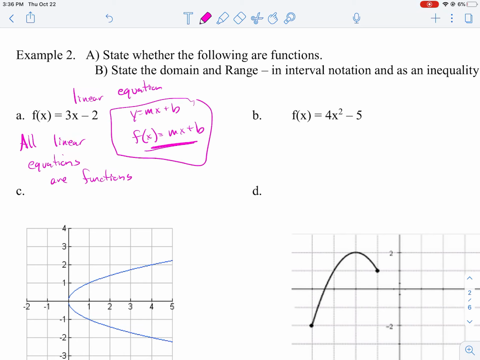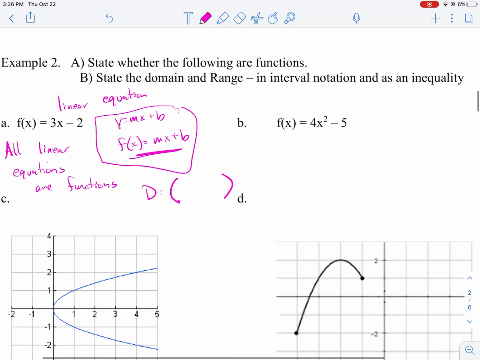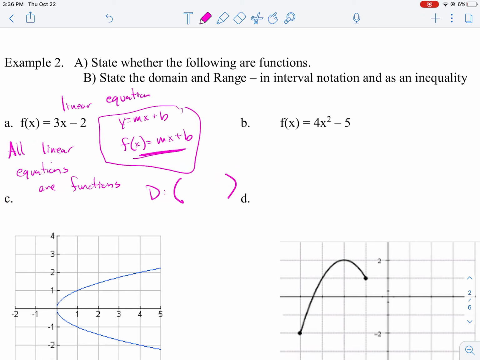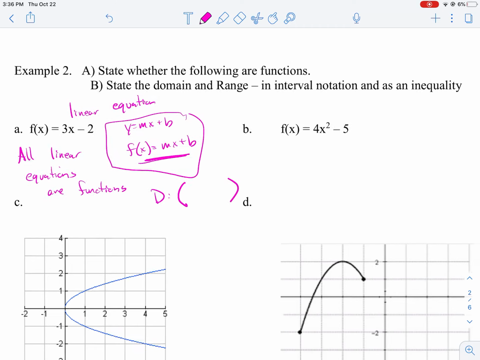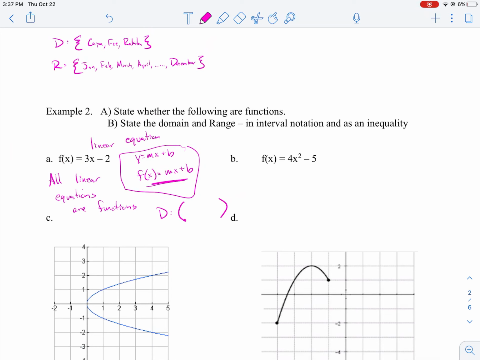Now, our domain, which I'm not going to use parentheses or brackets because I want to create an interval. That's hence the name, interval notation. And as an inequality, oh gosh, okay. I guess we could do both, why not? All right, so our domain here is going to be negative infinity to infinity, right?